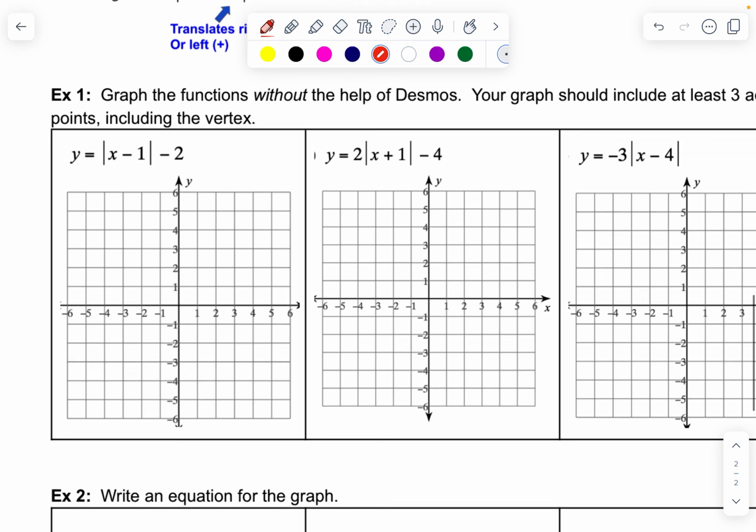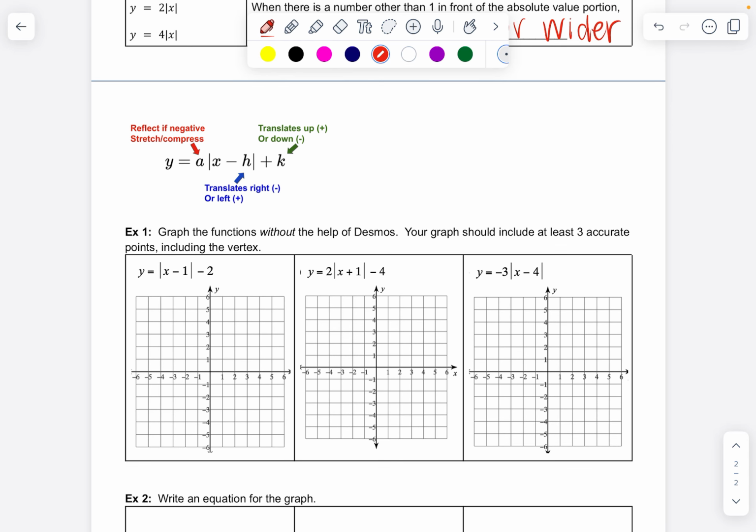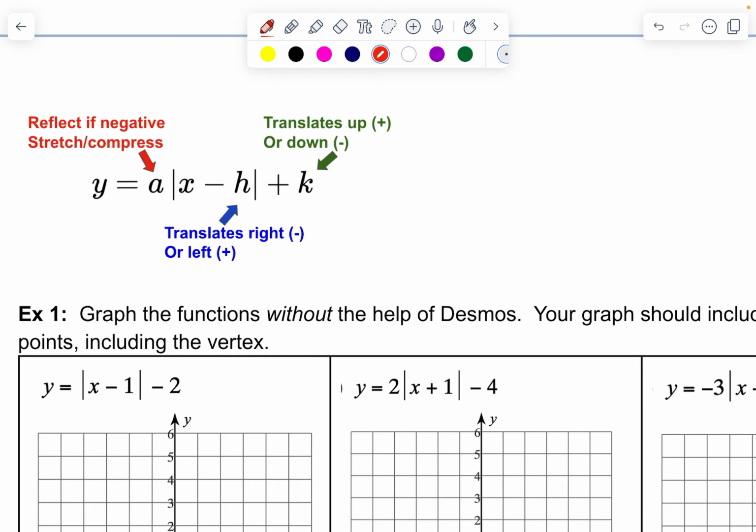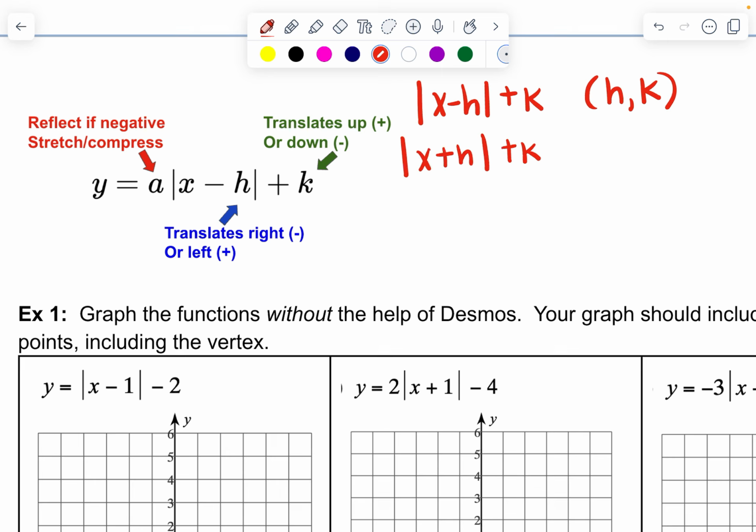Let's graph some. Also, sorry, let me back up. We talked about H makes it go left or right, right? Whatever's happening inside makes it go left or right. K makes it go up or down. So if we have X minus H plus K, we're going to have a positive H and a positive K. If we have X plus H plus K, we're going to have a negative H and a positive K for our vertex.